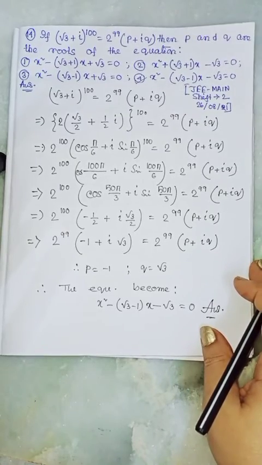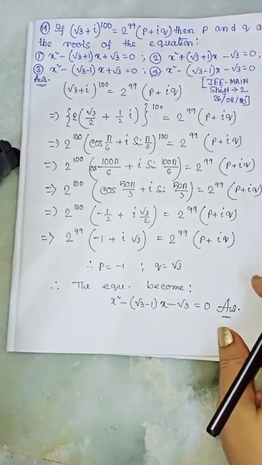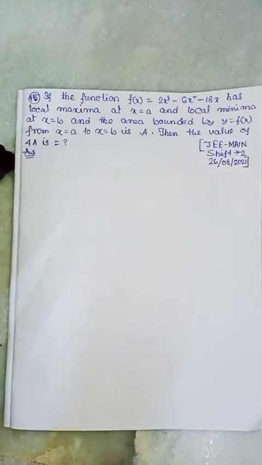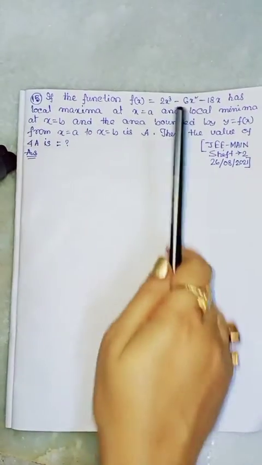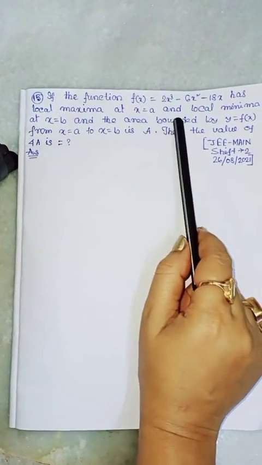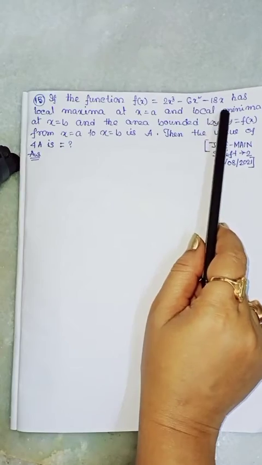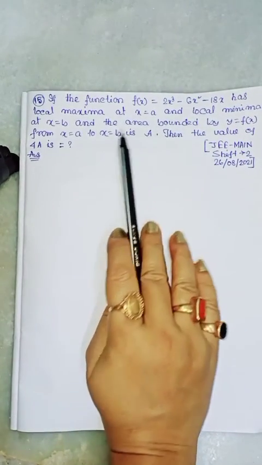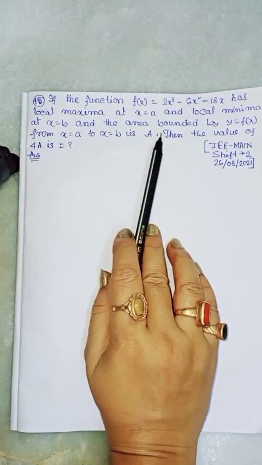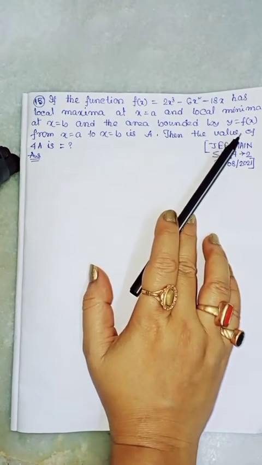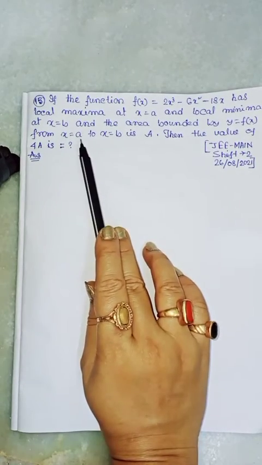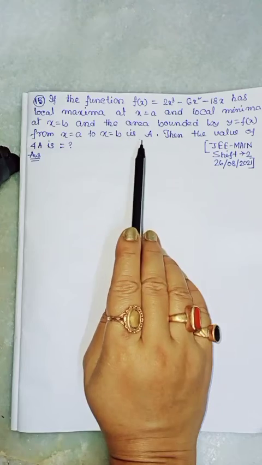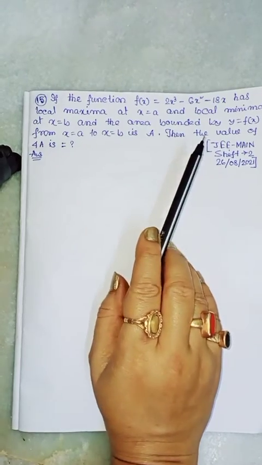Now moving to question 15. If the function f(x) is equal to 2x cube minus 6x square minus 18x has local maxima at x equal to a and local minima at x equal to b, and the area bounded by y equal to f(x) from x equal to a to x equal to b is A, then what is the value of 4A?